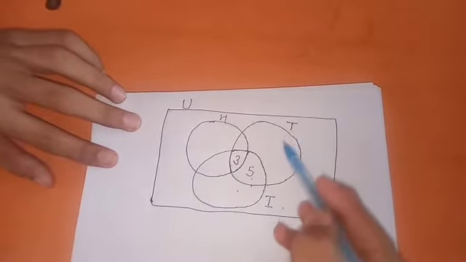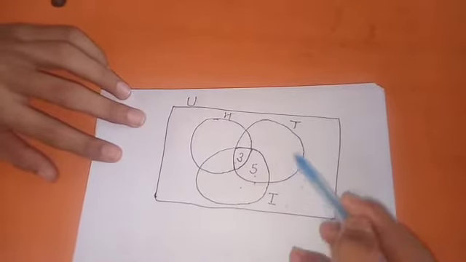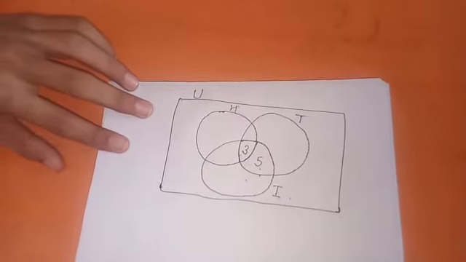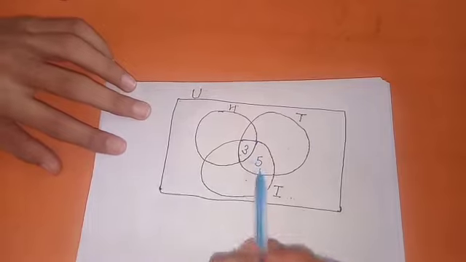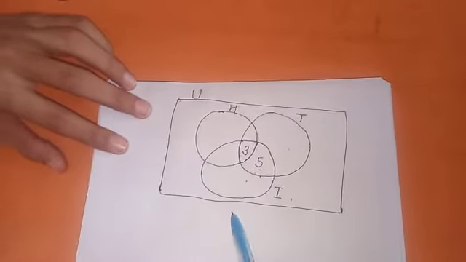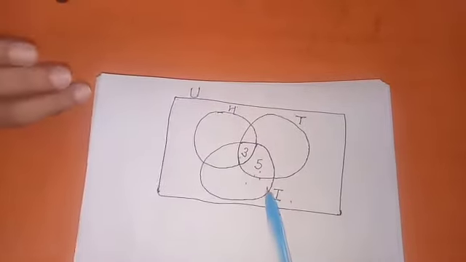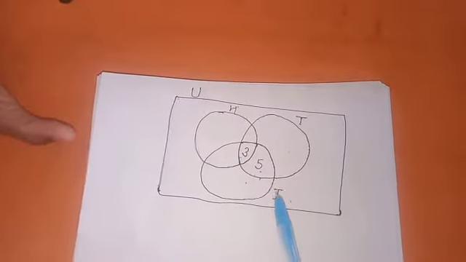The remaining ones, who do not read newspaper H and read only T and I, are 5. Understood? Only this thing we have to understand here, and after that our question will be easy.